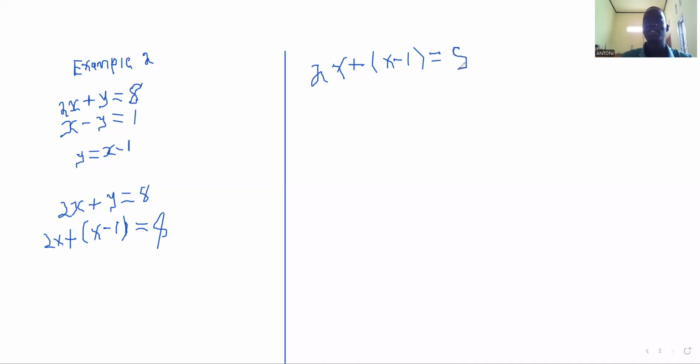Is equal to 8. Awesome. 8 is equal to 8.